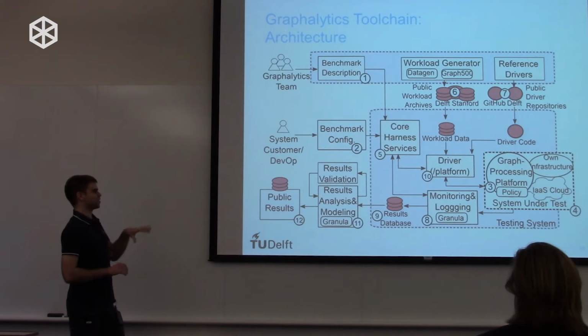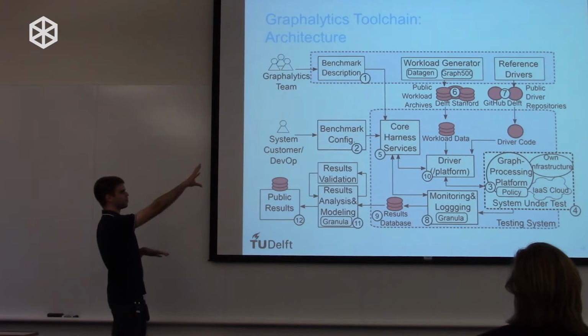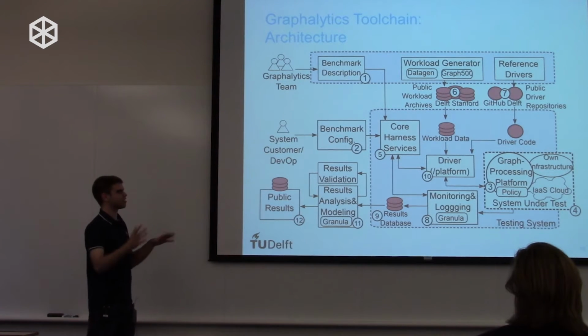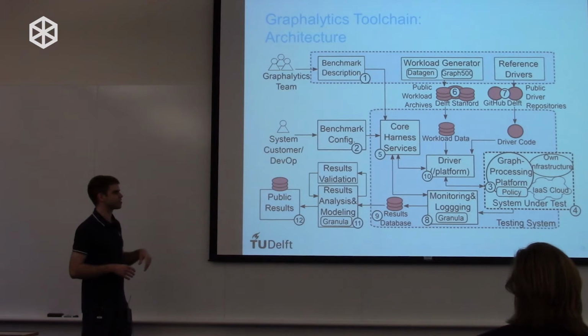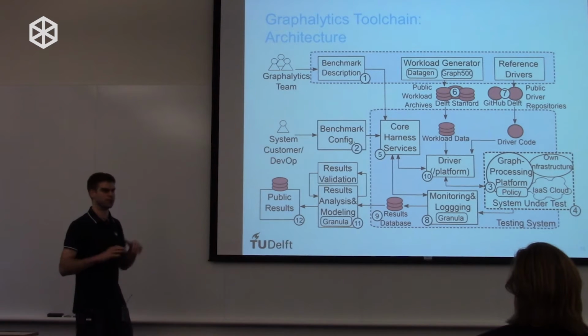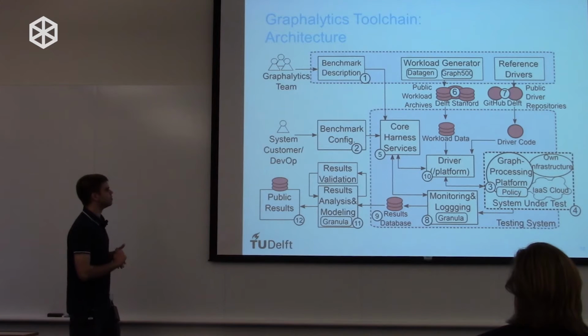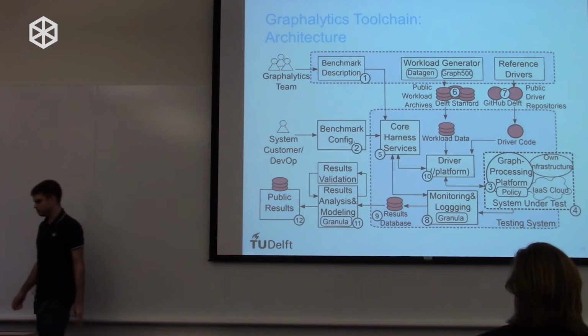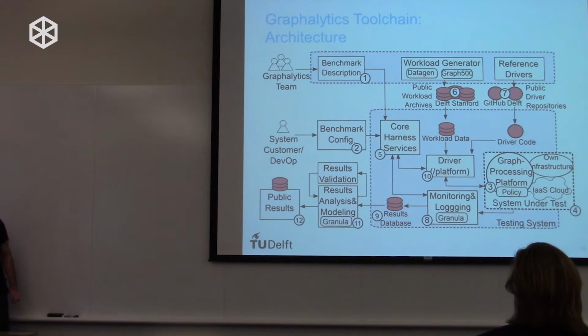It's a bit too much to explain all of this, but there are some workloads there. So the data sets we provide, there's a system under test, which may be running on the cloud or in your own infrastructure. But there are 2 main parts of the architecture that are relevant.